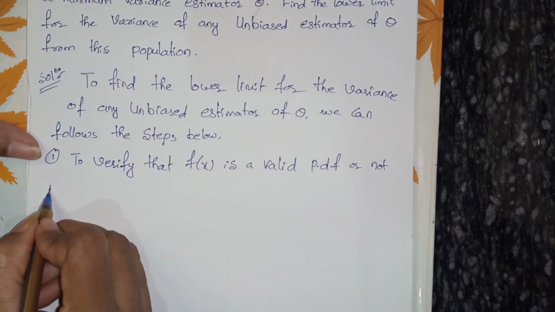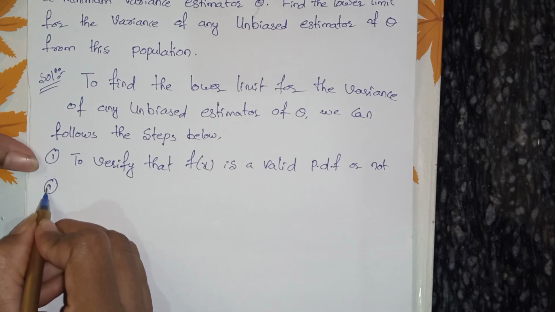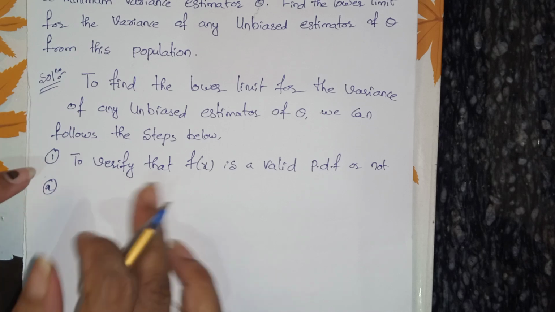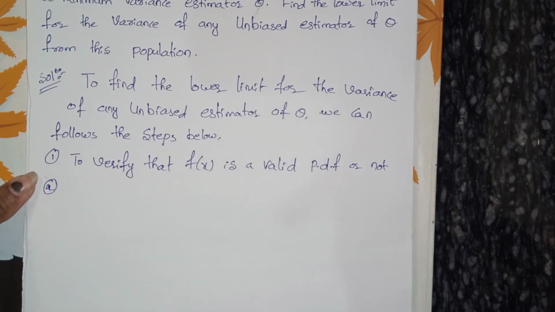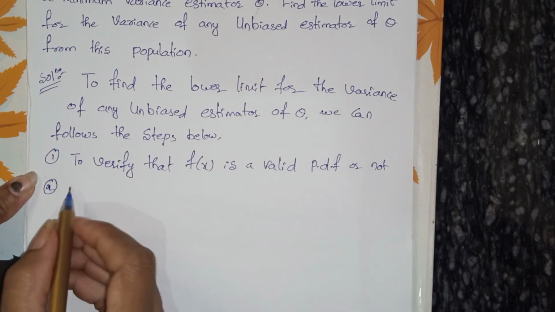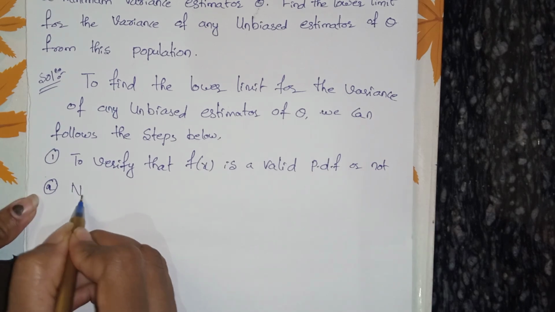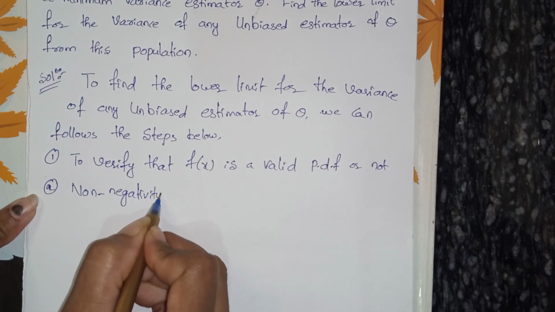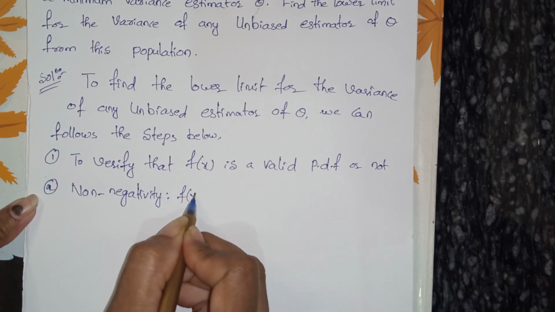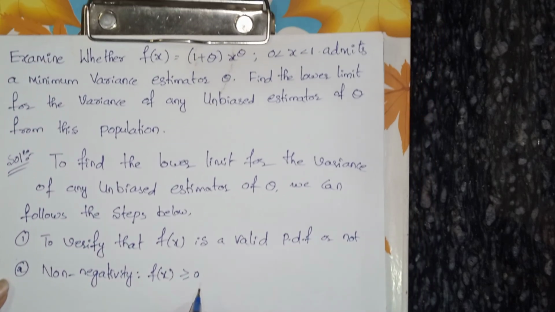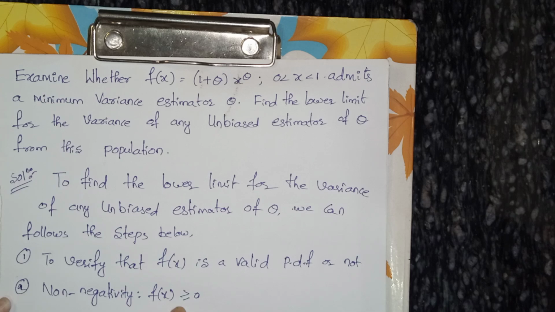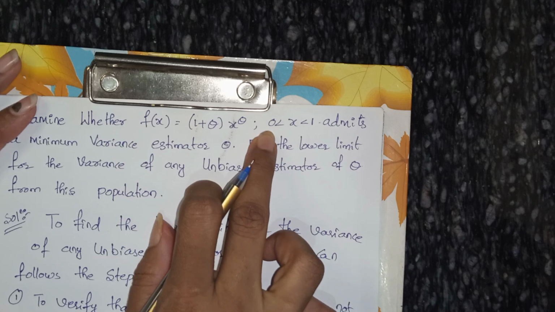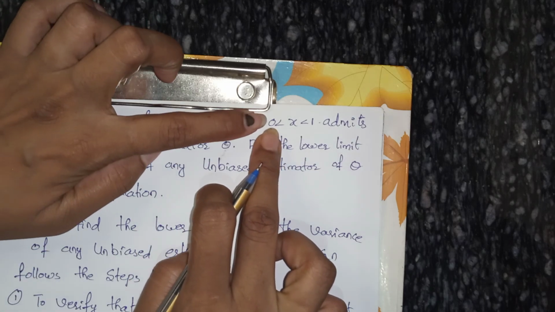The first property we have to check, let us call it A, is whether this is non-negative. We are going to check non-negativity: f of x greater than or equal to 0. Yes, it is greater than or equal to 0. Why? Because here they gave the limits 0, 1.